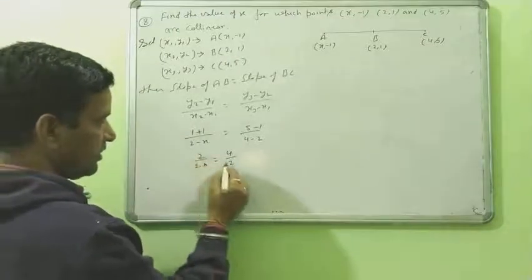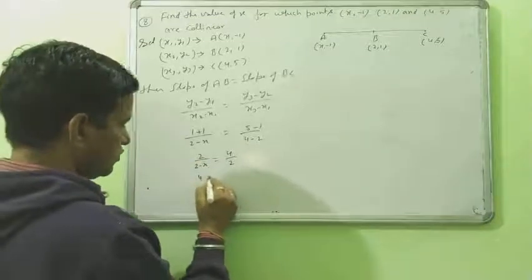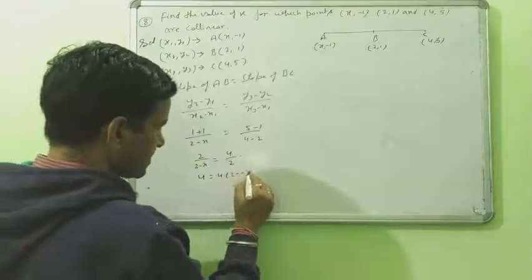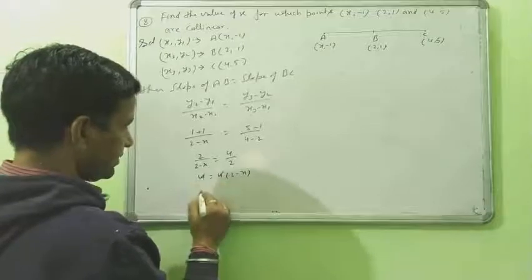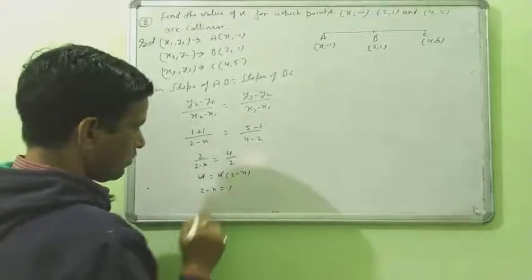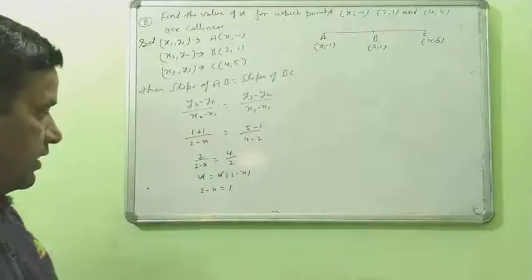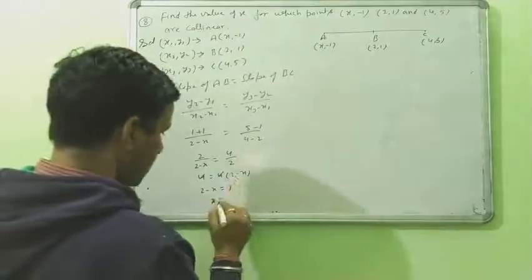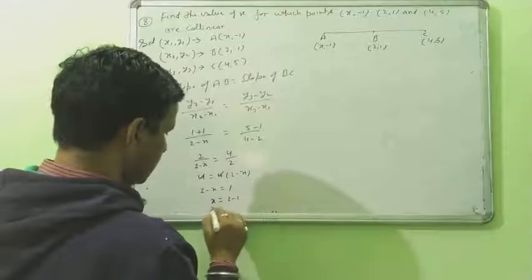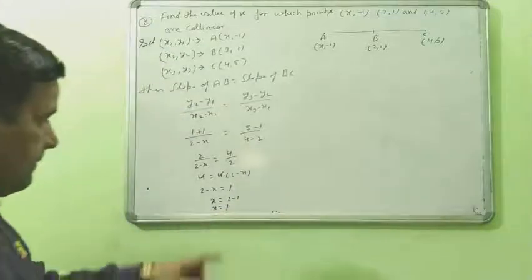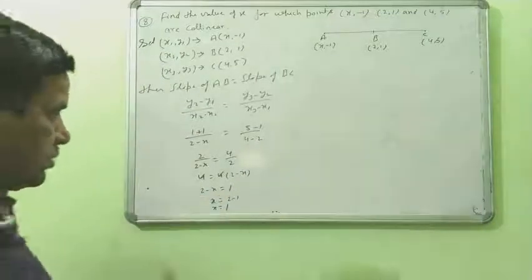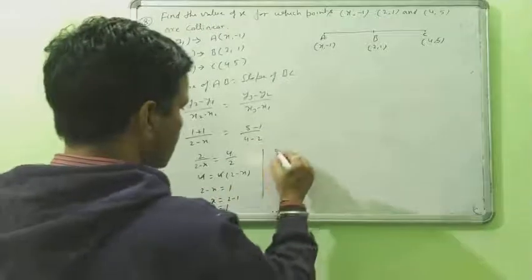Then cross multiply: 2 times 2 minus x equals 4, so the 4 cancels out to 1. So 2 minus x equals 1. Transposing, x equals 2 minus 1, so x equals 1.